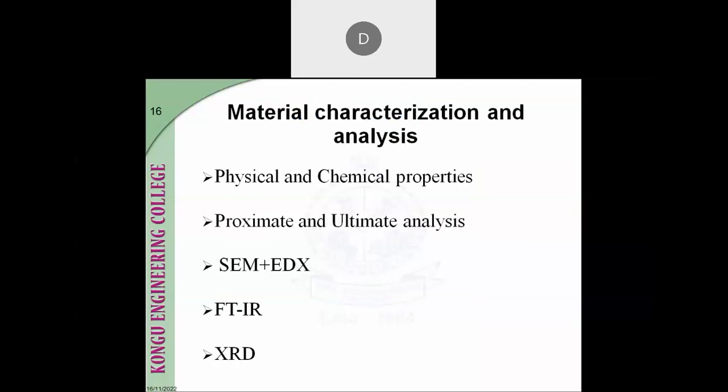As we have discussed, once the electrode materials are synthesized, we are not supposed to use them directly. We have to analyze the physical and chemical properties of the synthesized electrodes, make the proximate and ultimate analysis, and characterize them using SEM, FTIR, and XRD.